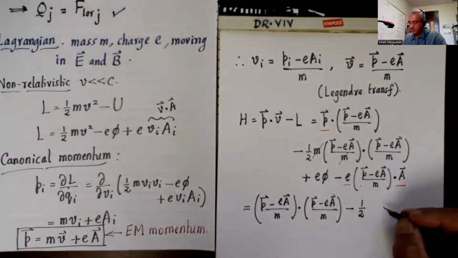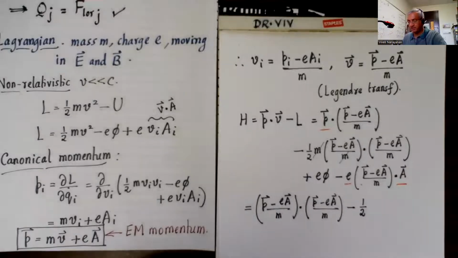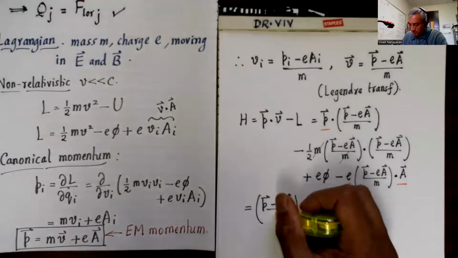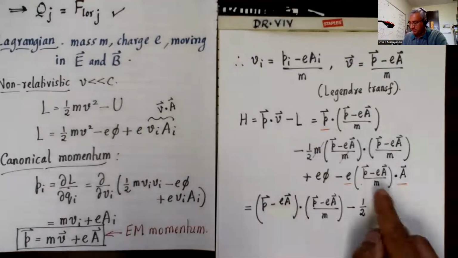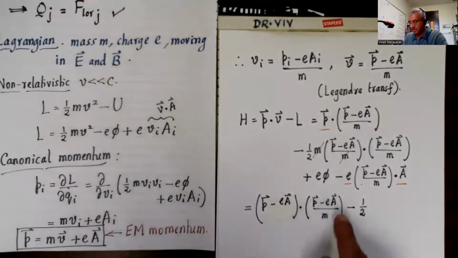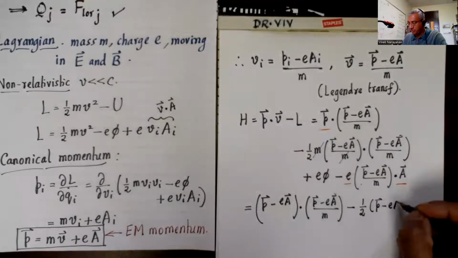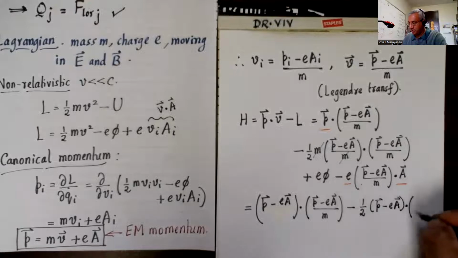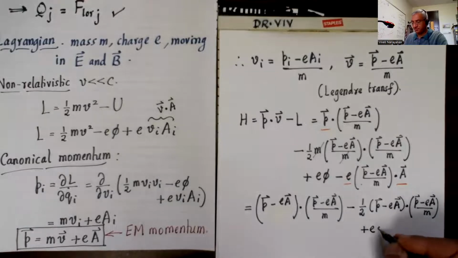Oh, actually, I only have p minus eA. I don't have divided by m. Excuse me. I just have p minus eA because that's p and that's eA. There's no m. The m comes only in this term. Minus 1/2. The first term doesn't have p minus eA either, m either. So that's (p minus eA) dot (p minus eA) over m. That's good. Plus e phi.